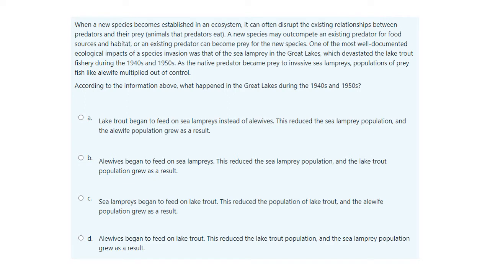So question 1. The question says, according to the information above, what happened in the Great Lakes during the 1940s and 1950s? The options: A. The lake trout began to feed on the sea lampreys instead of alewives. This reduced the sea lamprey population and the alewife population grew as a result.